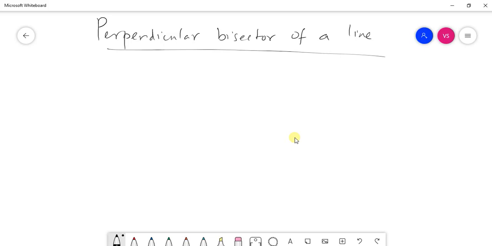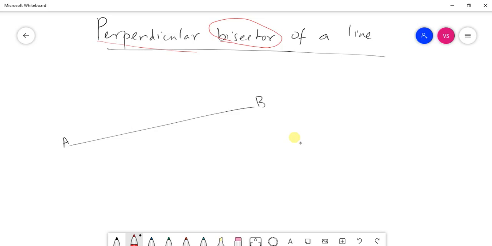I have a line. The line can be any line. Let us say this is A and this is B. I want to draw a line perpendicular to this line, which will also bisect this. Bisect means the line which I am going to draw should divide this line AB into exact equal parts.